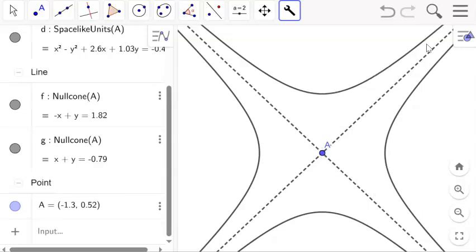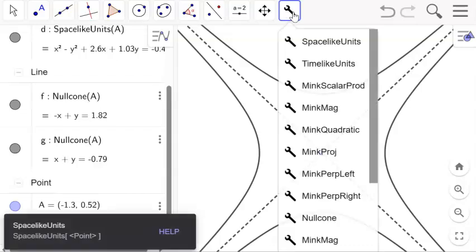So if these are all the events that are 1 year in the future from event A, and these are 1 year in the past, these would be events that somebody at A might consider to be 1 light year away. Really, it depends on what observer is at A and what direction they're going in space-time. So we'll clarify that in a minute.